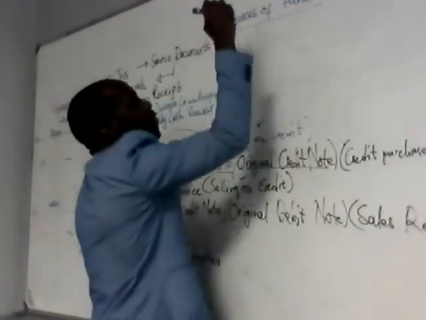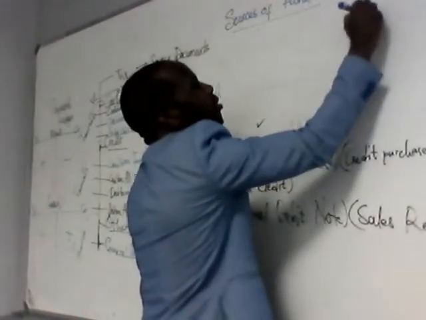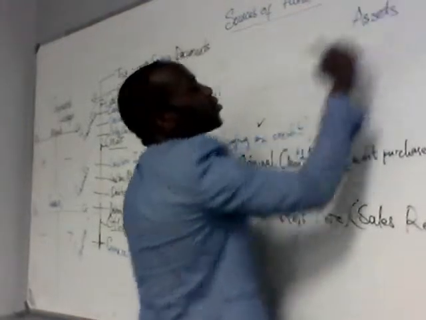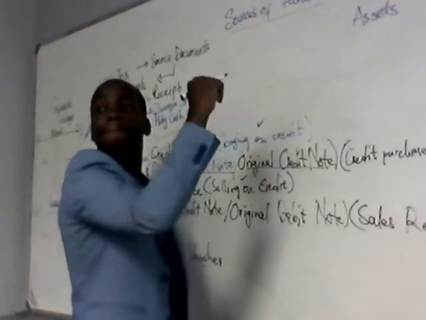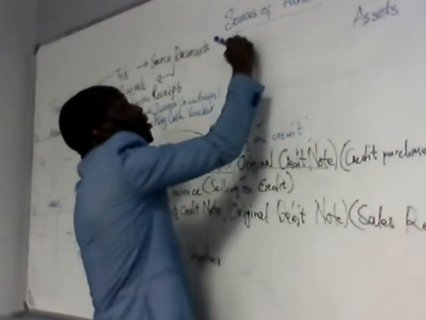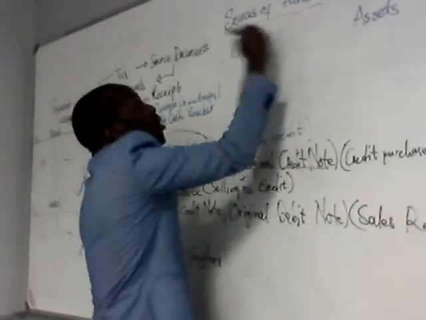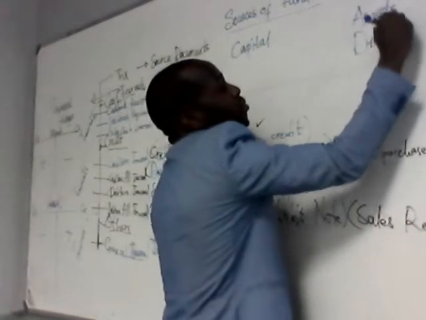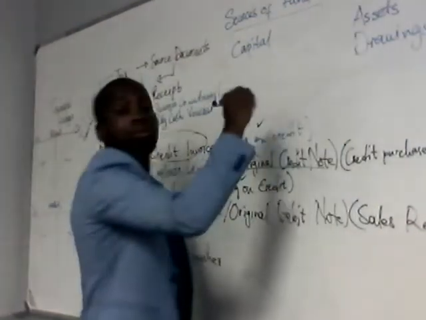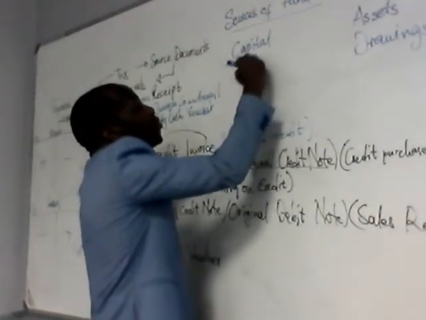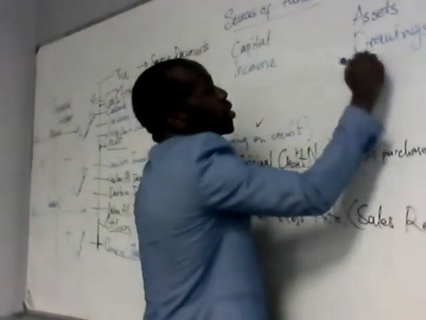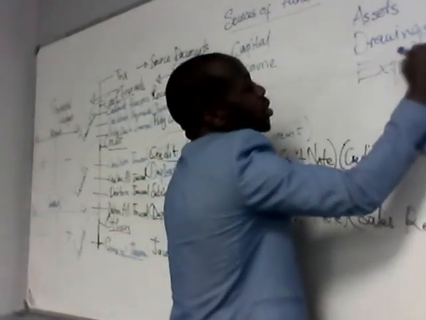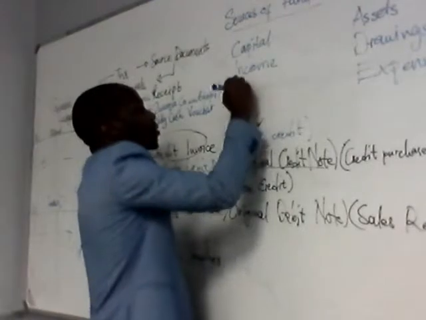Okay, we're gonna have assets, drawings, income, expenses, and liabilities.